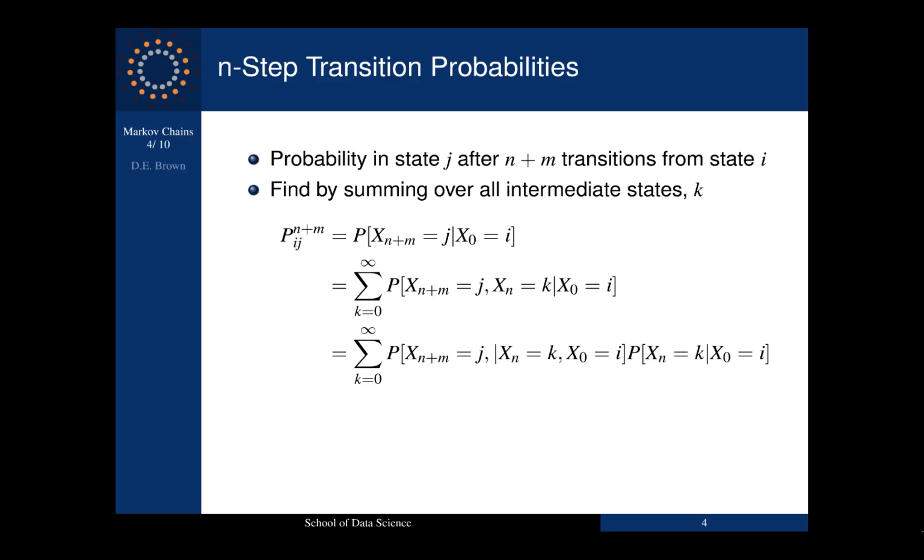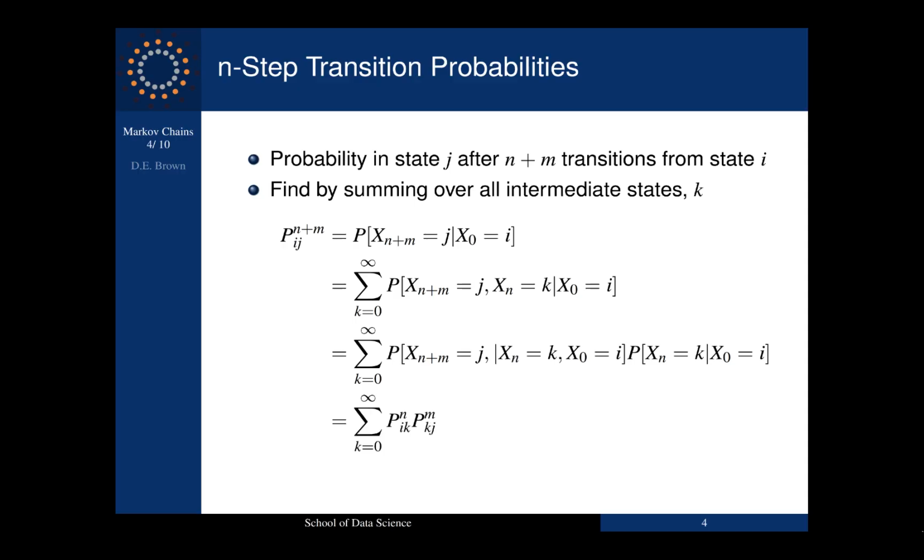And notice that when conditioning on X_n being in k and X_0 being in i, because of the Markov property, X_0 being in i goes away. The only thing that matters is that at time n we were in k, and the question is, do we go to state j with an additional m steps?